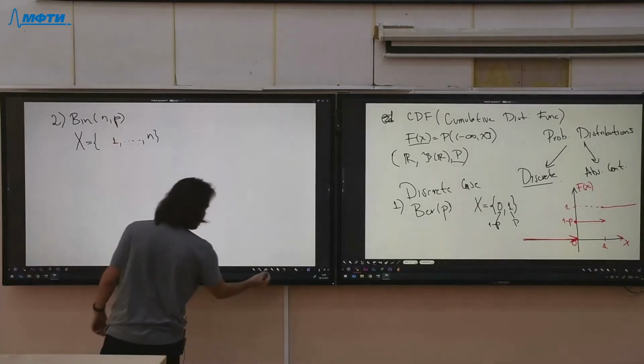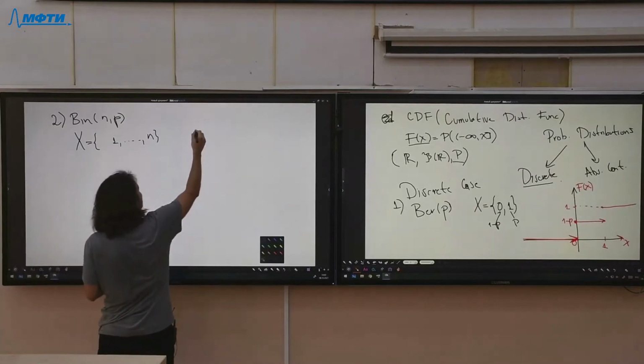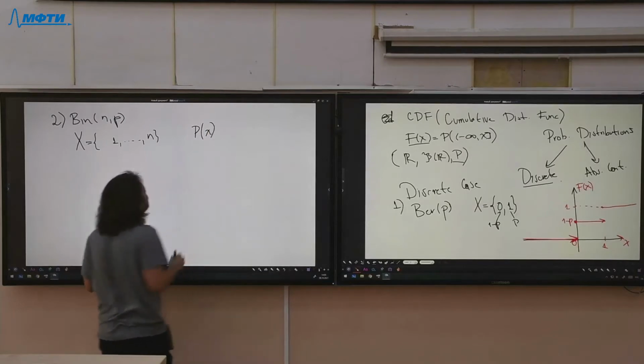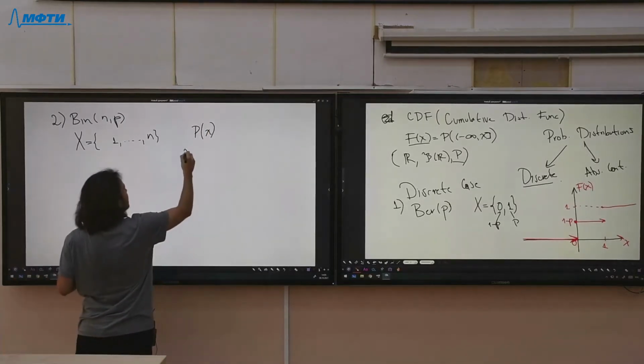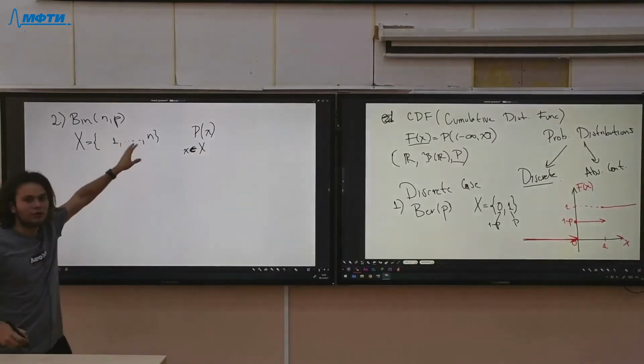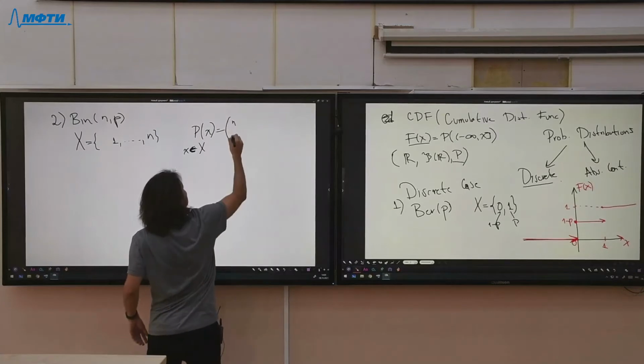So in this case, the probability of x, right? So x is just any element from capital X. So 1, 2, or n, and choose x, right?